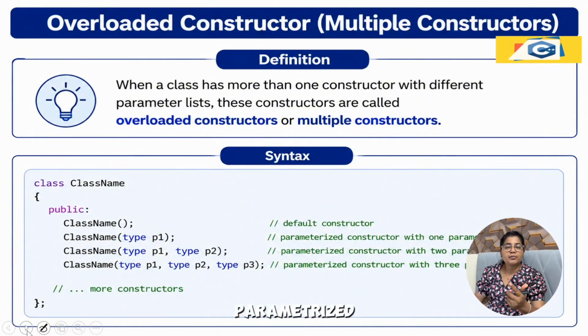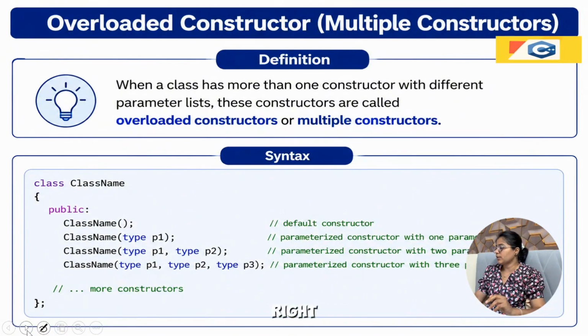We have seen parameterized constructor with parameters. We have seen constructor with default value. So this multiple constructor or overloaded constructors means that one class will have more than one constructor. It can be any type of constructor, right?